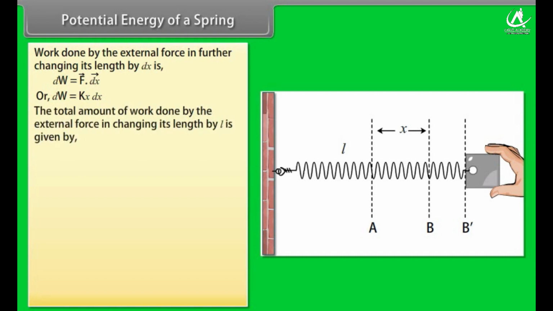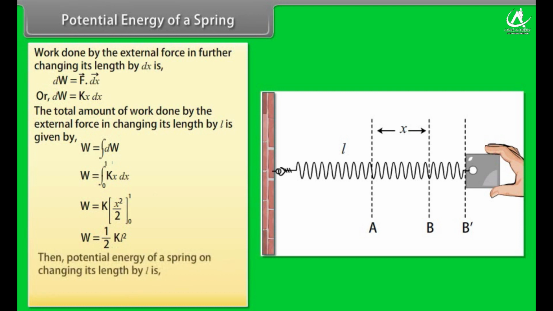Now, the total amount of work done by the external force in changing its length by L is given by W is equal to integration of dW. By calculating it, we get W is equal to 1 upon 2 kL square. Then, potential energy of a spring on changing its length by L is equal to W. Potential energy is equal to half kL square.